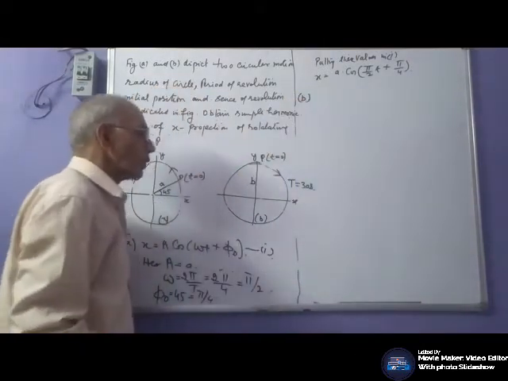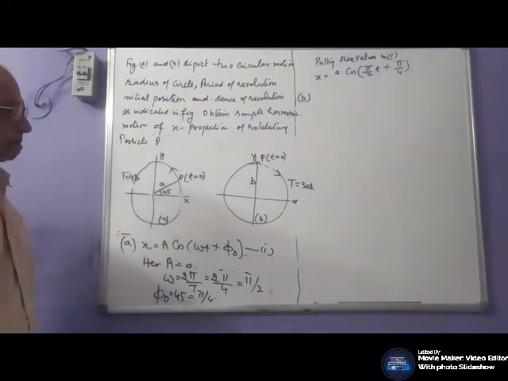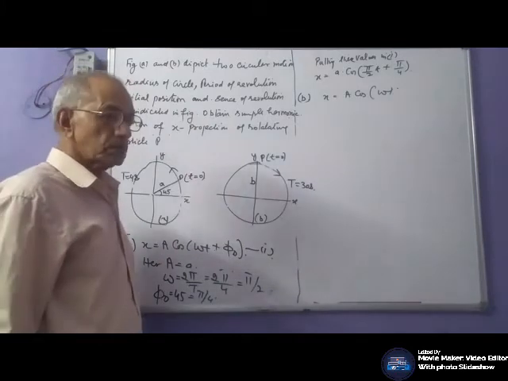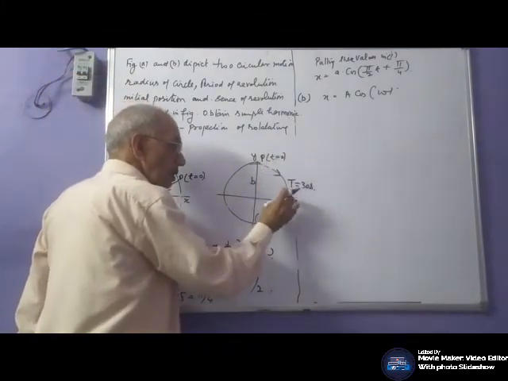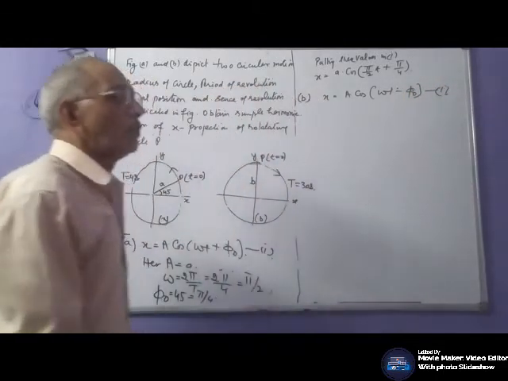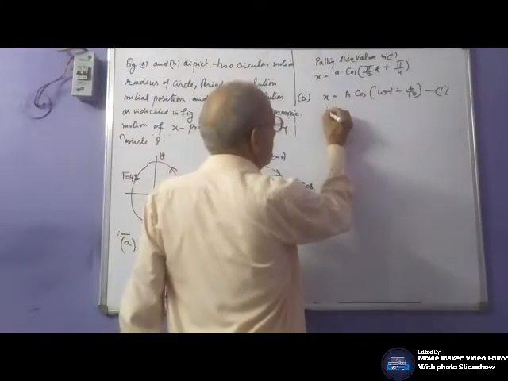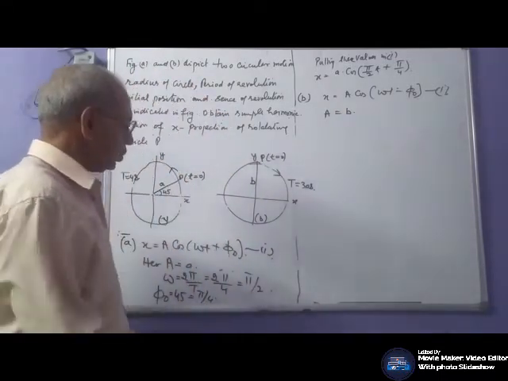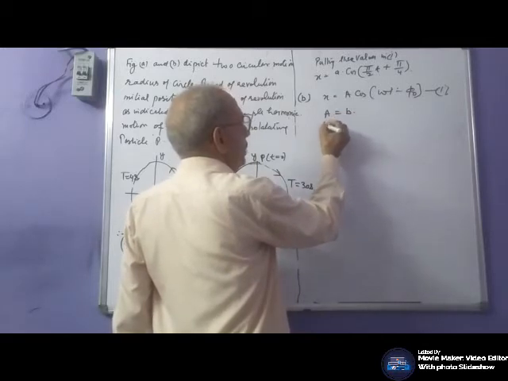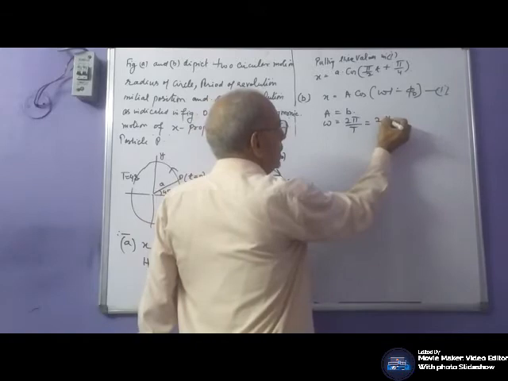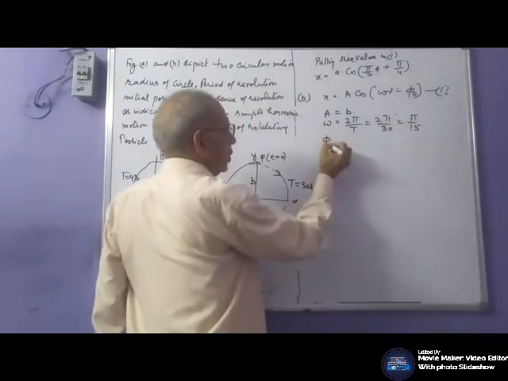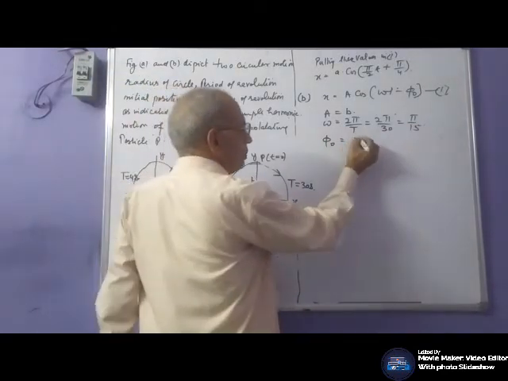B. Again x projection is there. So x equals A cos omega t. ये है स्टार्टिंग पॉइंट, ये पीछे है, so minus phi naught, this will be the equation. A here is B, projection x-axis में है, so this distance also B. Sorry, A is B, omega is 2 pi by t, t is 30, so it is pi by 15, phi naught is 90, or it is pi by 2.